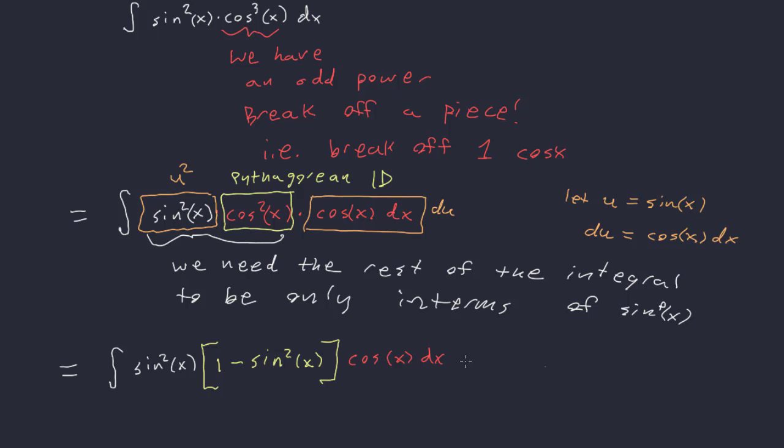So now, when we look at this, this cosine x dx is still going to be our du. This sine squared x is our u squared, and the cosine squared x we changed to 1 minus sine squared x will actually end up being 1 minus u squared when we do the u substitution.